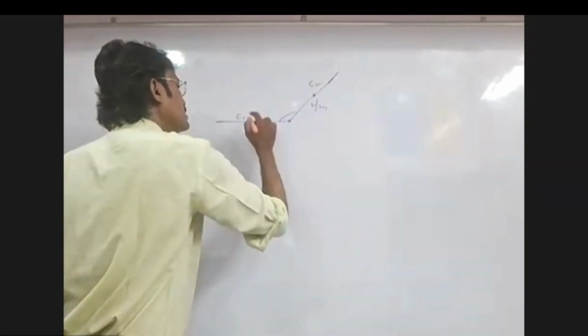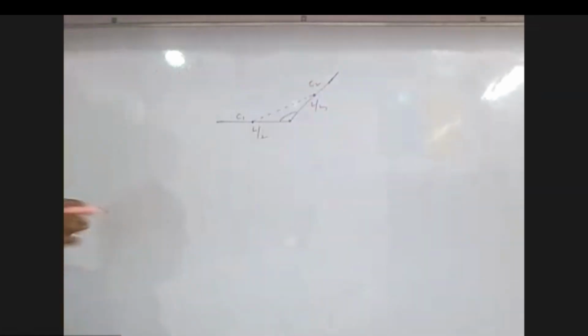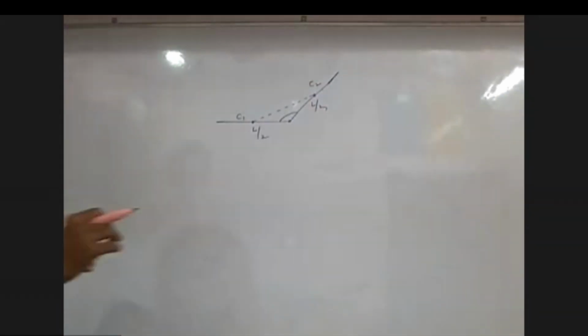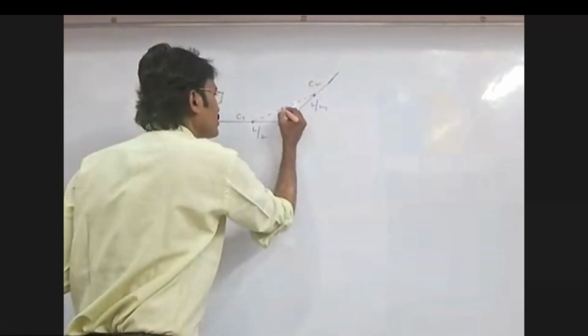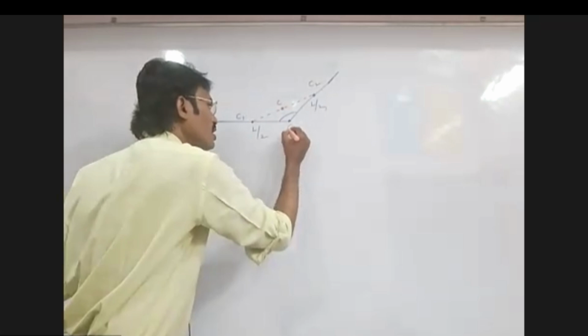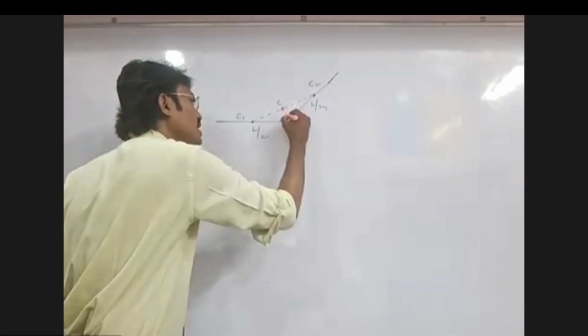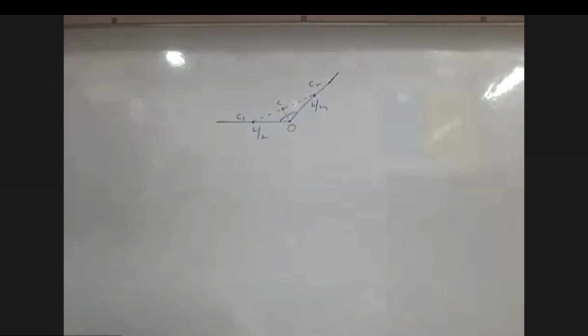Now I am combining this C1 and C2 like this. ఈ కంబైనింగ్ లైన్ మీద ఈ సిస్టమ్ యొక్క సెంటర్ ఆఫ్ మాస్ ఉంటుంది. అంటే ఇక్కడ దాన్ని C గా తీసుకుంటాను. దీన్ని O గా తీసుకుంటే మనం OC క్యాలిక్యులేట్ చేయాలి. పొజిషన్ ఆఫ్ ది సెంటర్ ఆఫ్ మాస్ ఫ్రమ్ ద పాయింట్ O.